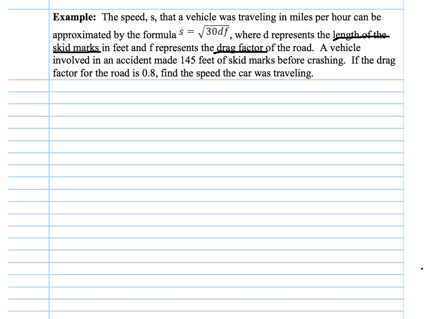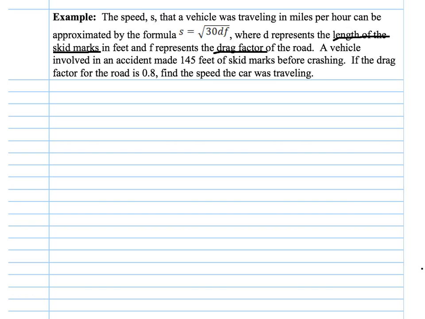A vehicle involved in an accident made 145 feet of skid marks before crashing. If the drag factor for the road is 0.08, find the speed the car was traveling.